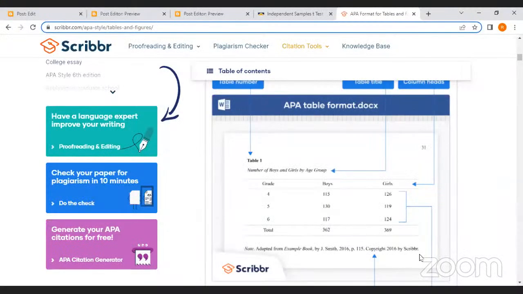This is clear now. দেখো টেবিল 1টা বোল্ডে আছে, clear, and the title, number of boys and girls by age group, italics এ আছে। এখানে দেখো there is no vertical line, horizontal লাইনটা only for the classification of the data.